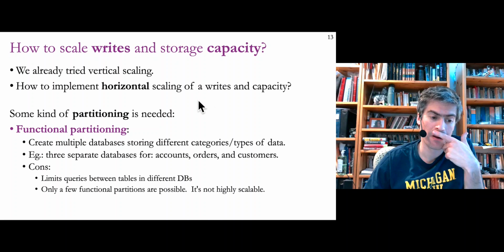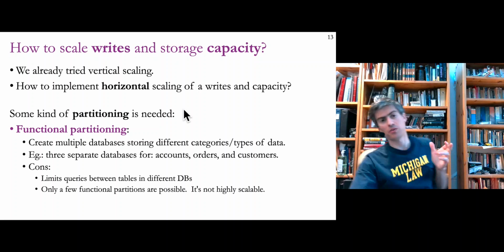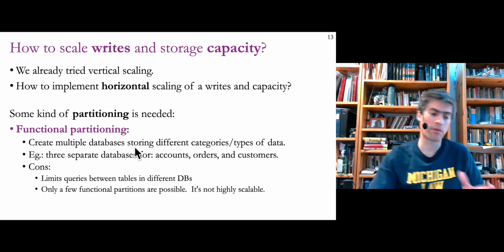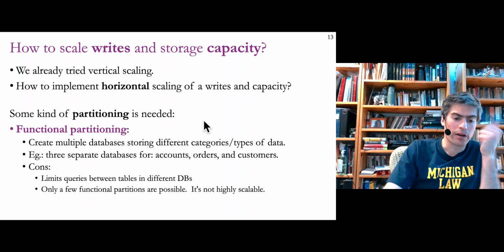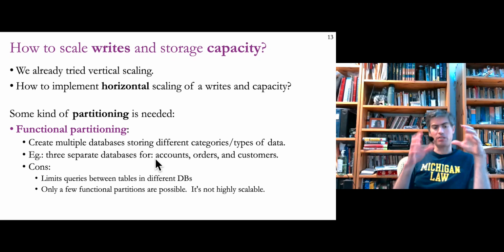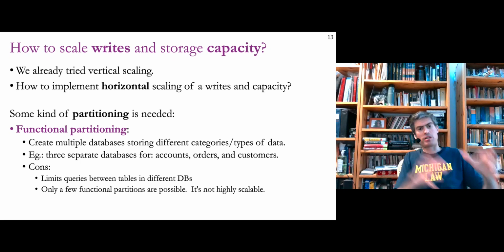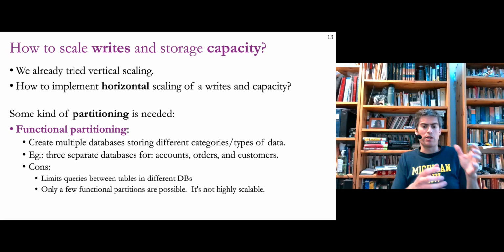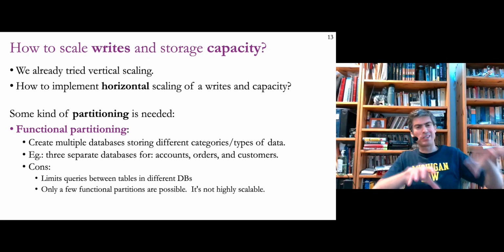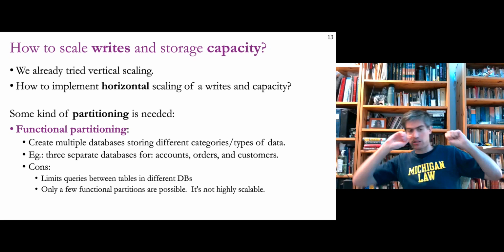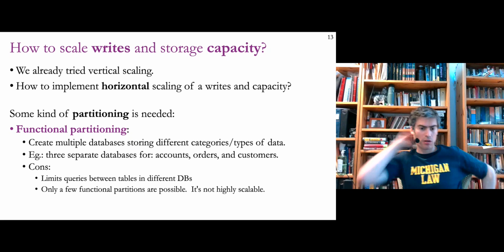Okay. The simplest way to do that is called functional partitioning. Instead of having one database to store everything, you create more than one database, and each database has a different purpose. Essentially, you're taking the tables and splitting them across different databases, which means across different machines.